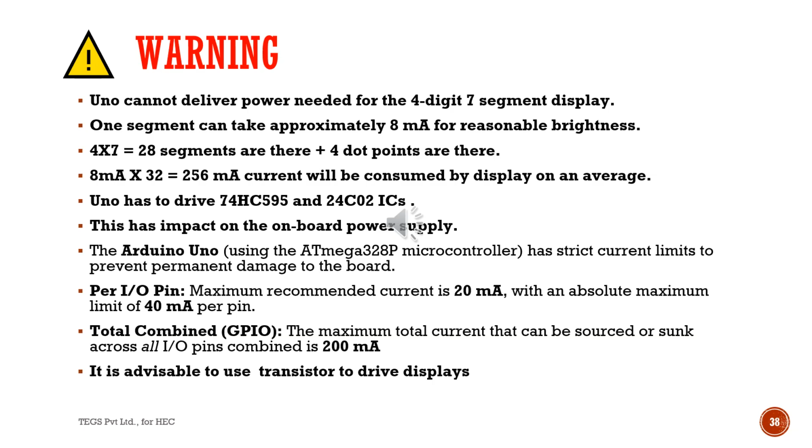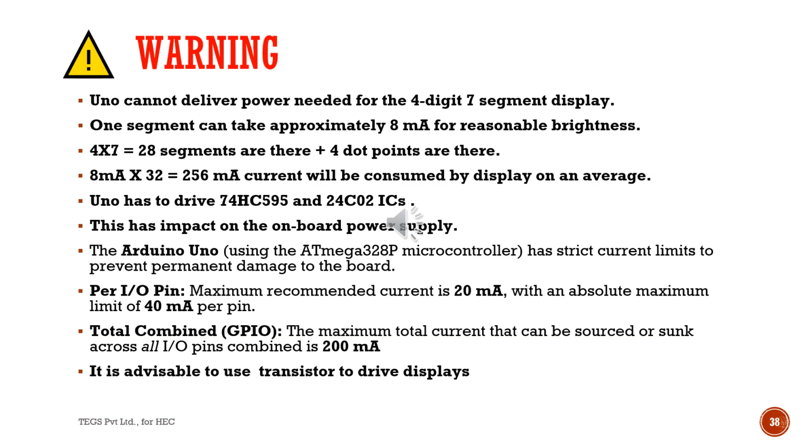Uno has to drive the 74HC595 and 24C02 ICs. This has an impact on the onboard power supply. Uno has a strict current limit to prevent permanent damage to the IC on board.